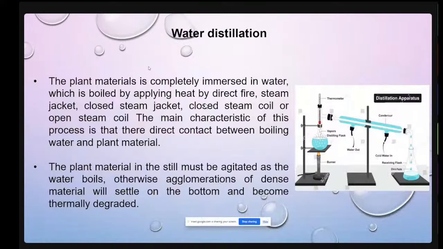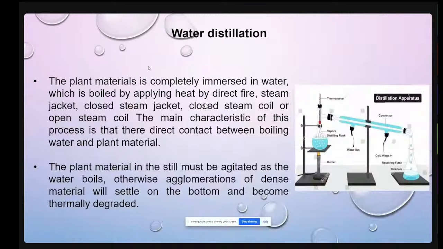The water distillation is where the plant material is completely immersed in water, which is boiled by applying heat by direct fire, steam, or steam jacket. The main characteristic of this process is that there is direct contact between boiling water and plant material.